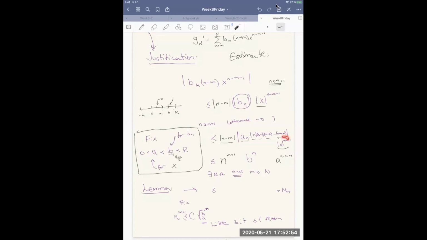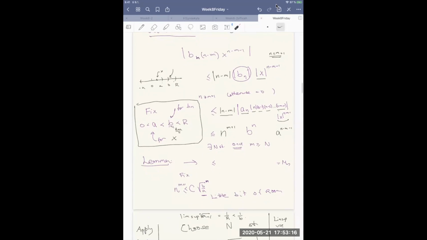And then we still have the x to the n minus m minus 1. Now, this term we estimate as before. Since x is inside the interval minus A, A, we can estimate this term by a to the n minus m minus 1. Again, we can, without loss of generality, only consider indices bigger than or equal to m plus 1.